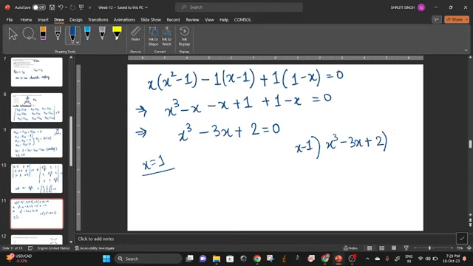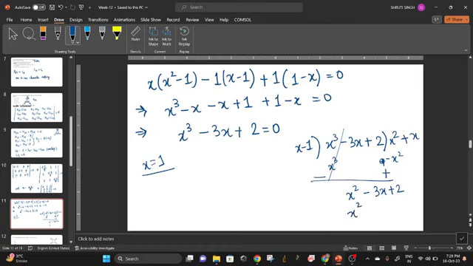So we need to put here x square, this will be x cube, sorry, it will be minus x square. On minus, this will become plus, this will go. So we are left with x square minus 3x plus 2. Next term I'll put plus x.